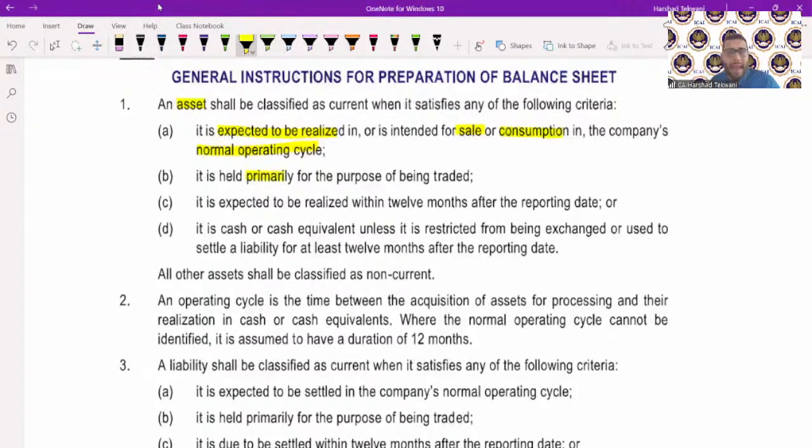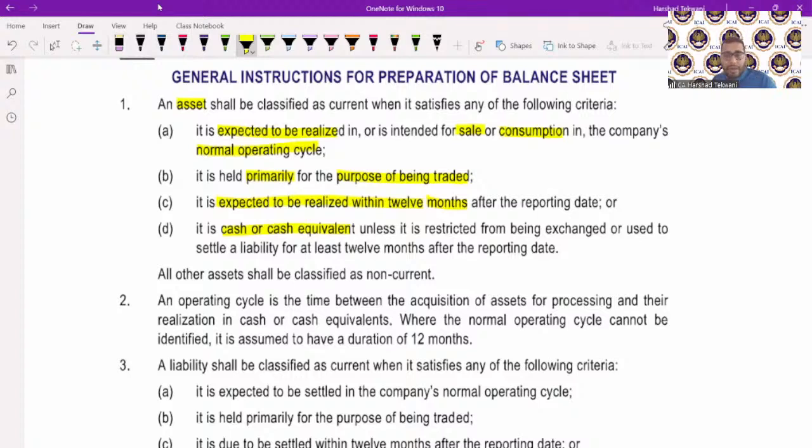If it is primarily held for the purpose of being traded, then it's a current asset for me. Expected to be realized within 12 months, then current asset. It's cash or cash equivalent unless restricted. For example, sometimes there is some restriction on the use of cash balances.